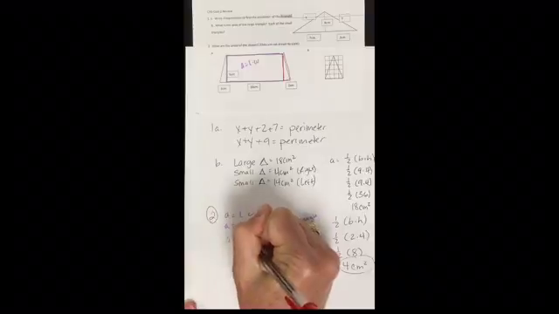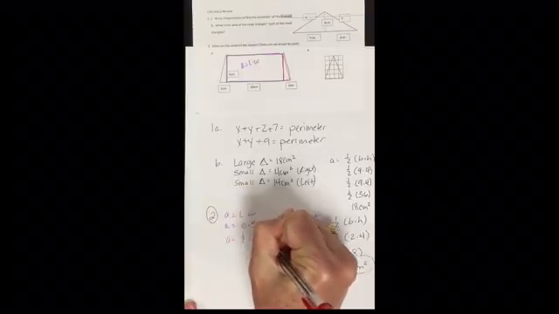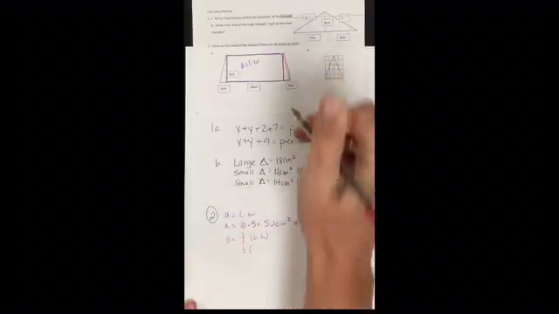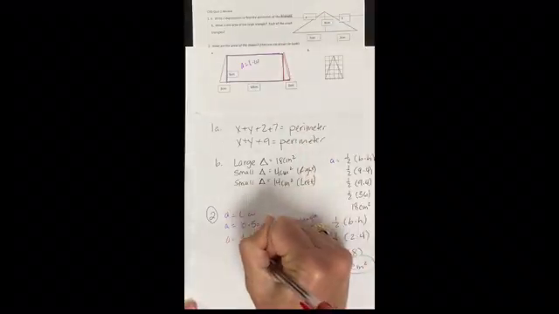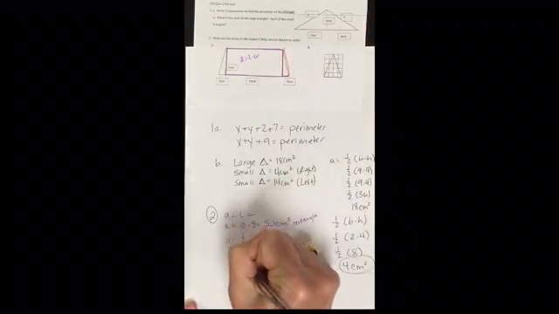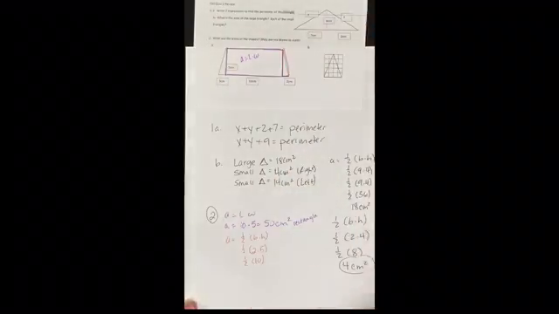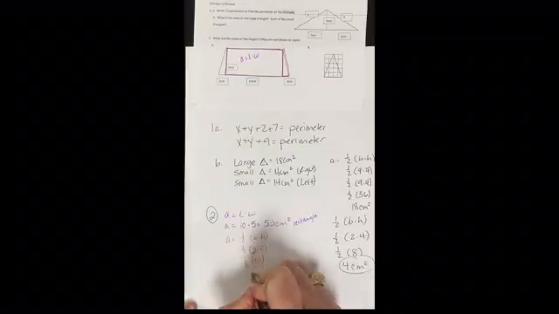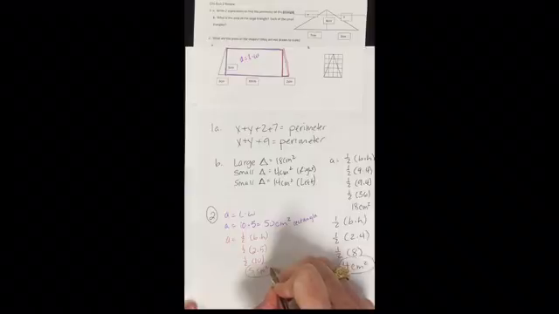area of a triangle is 1/2 base times height. 1/2, my base is 2. My height has to be the same as this one, which is 5. So we have 1/2 of 10, which is 5 centimeters squared. And this is the right triangle.